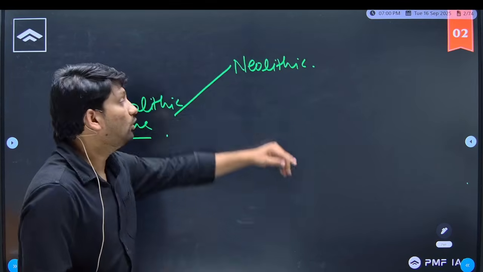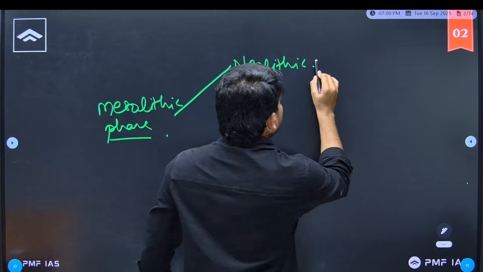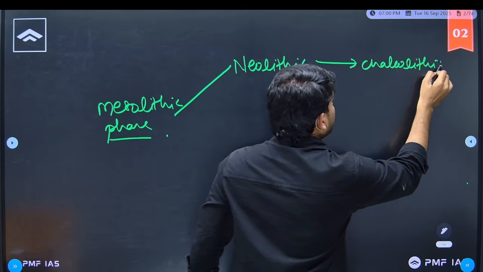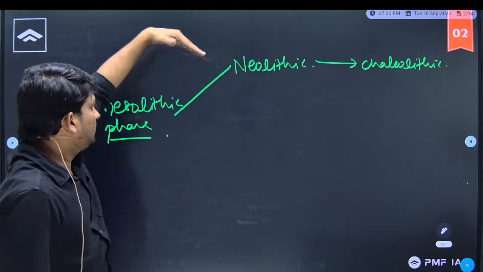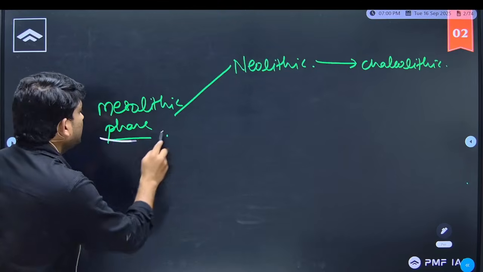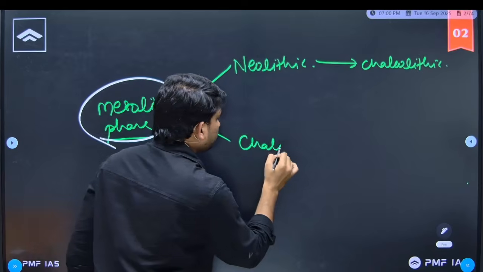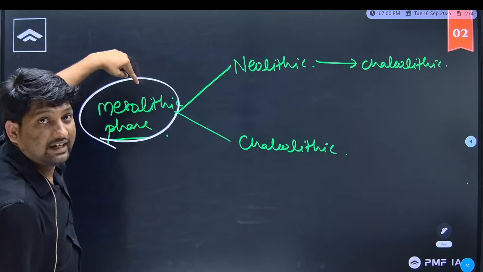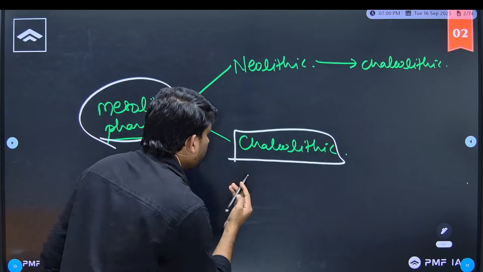And after this Neolithic phase, once they started using polished stone tools, now they will use copper and enter the Chalcolithic culture or phase, right? So this is present but not at all sites. Sometimes after the Mesolithic phase they will directly enter into Chalcolithic, because Mesolithic ends around 4K and they start using copper. So here you will find the use of copper.